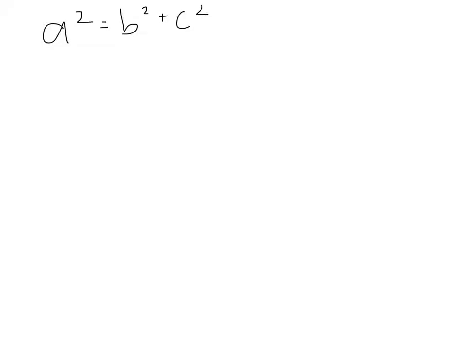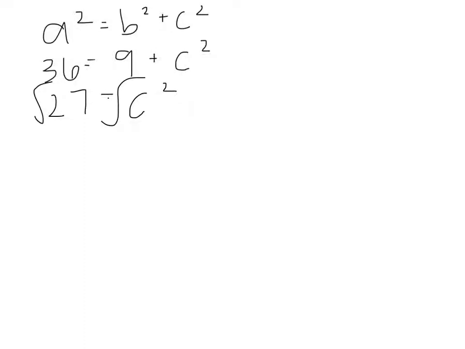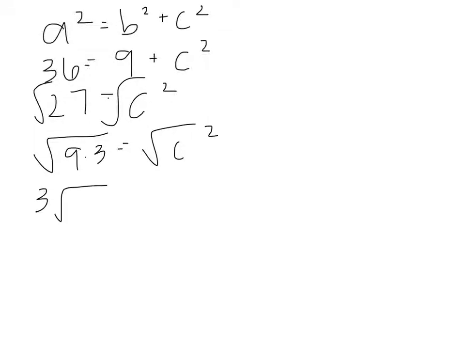Well, we have A squared and B squared, so A squared is the value of 36, and B squared is the value of 9, plus C squared. 36 minus 9 is 27, so we're going to get 27 is equal to C squared. We're going to take the square root of each side, and the square root of 9 times 3 is equal to the square root of C squared. So we're going to get 3 root 3 is equal to C.